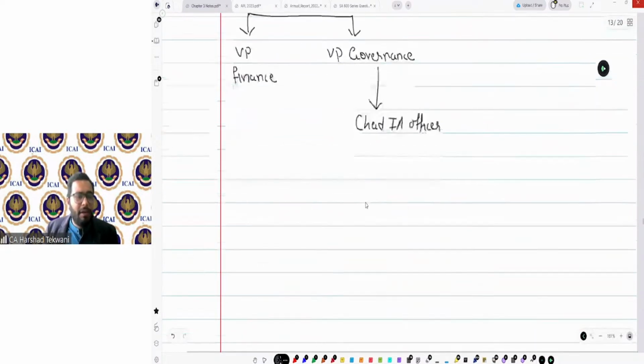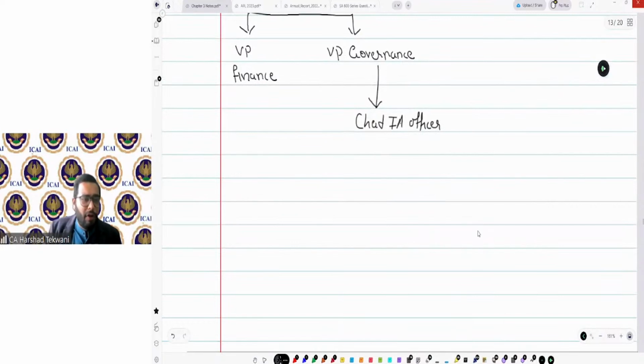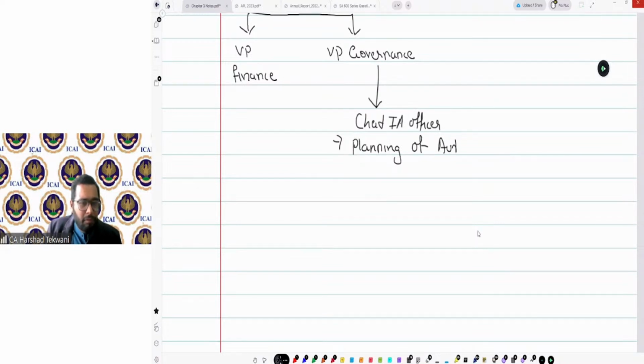Whatever planning of audits is done in this organization is done based on the input provided by the VP Governance.